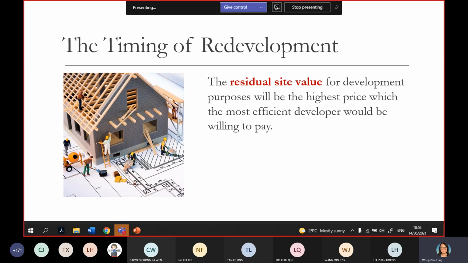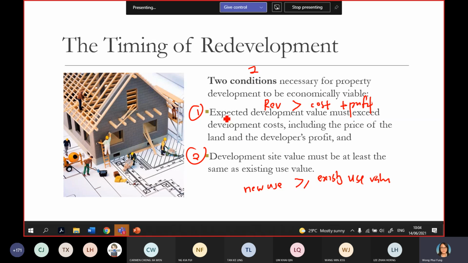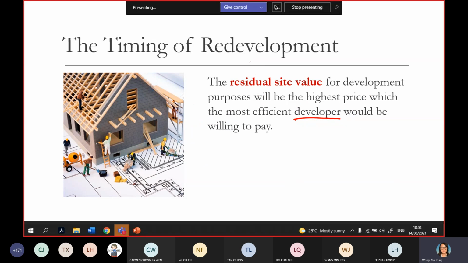The residual site value for development purposes will be the highest price which the most efficient developer would be willing to pay. That is referring to condition number one. Later, in week 7, you are going to learn how to calculate the residual value.